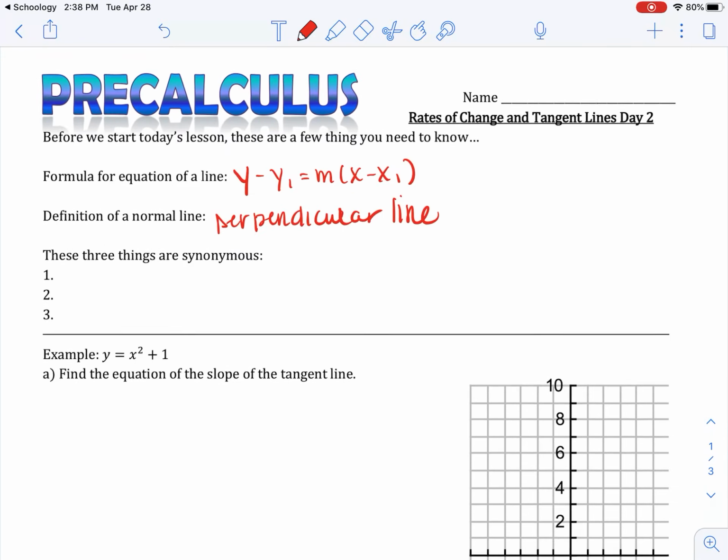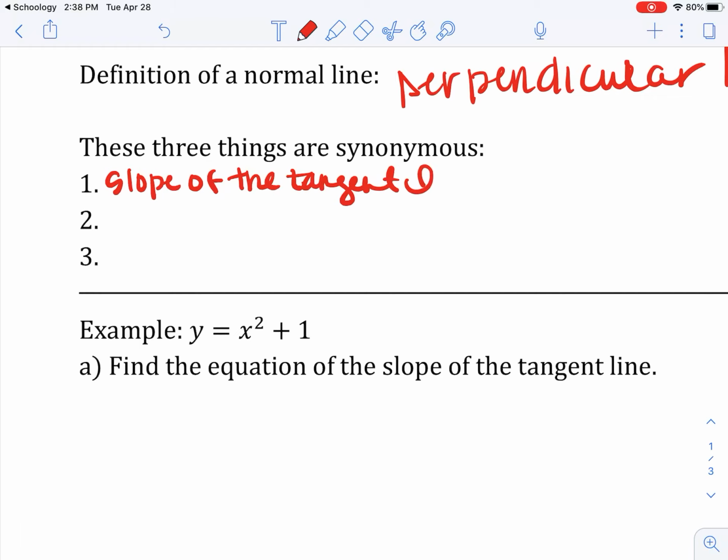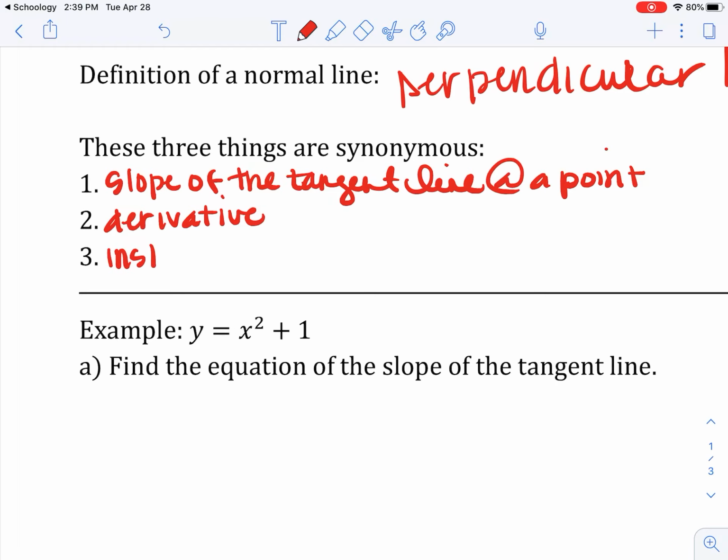All right, so also what you need to know is that these three things are synonymous, meaning they mean the exact same thing. The slope of the tangent line at a point means the same thing as the derivative, which is the same thing as the instantaneous rate of change.